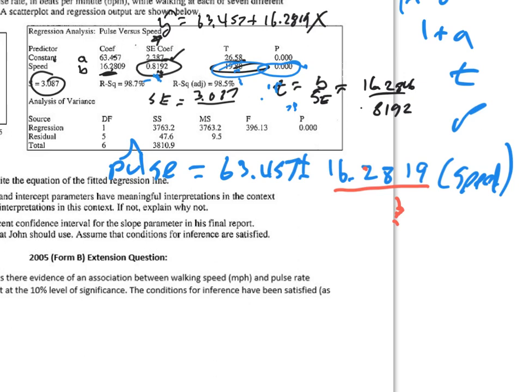Medically? Or what if it said, for every 1 mile per hour I increase my speed, my pulse goes up 200 beats per minute? Would that make sense? You're a runner. If you run 3 more miles per hour, is your pulse rate going to go up 200 times 200 more?